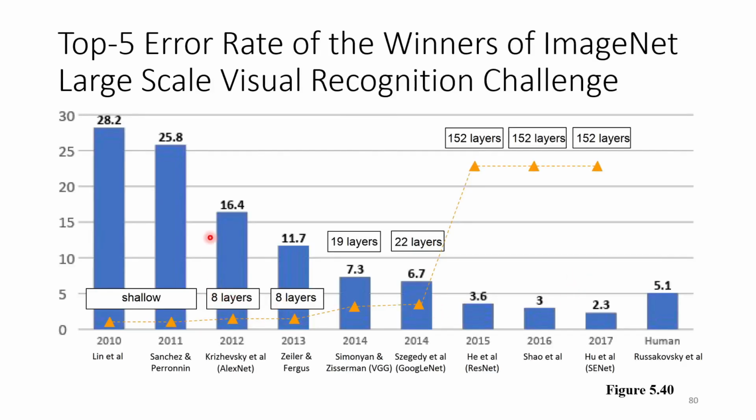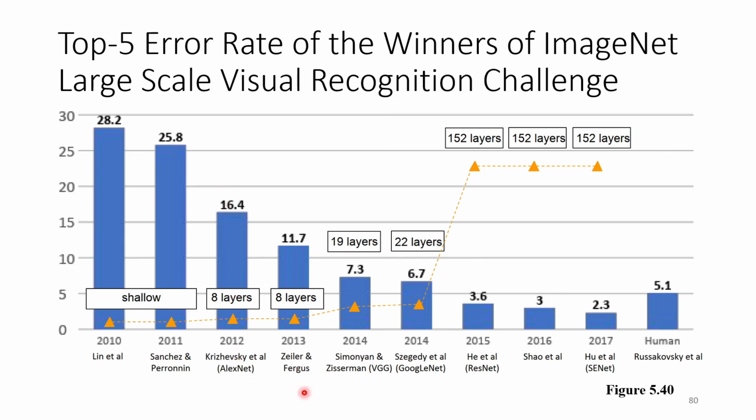However, it significantly reduced the error rate from the winner of the ImageNet challenge the previous year. In 2011, the error is 25, and this is the result of AlexNet, 16. Significantly reduced.